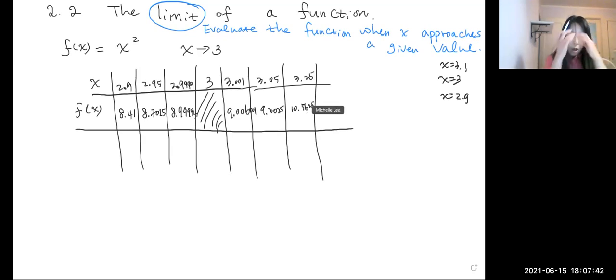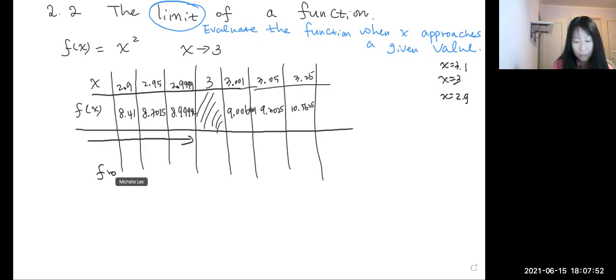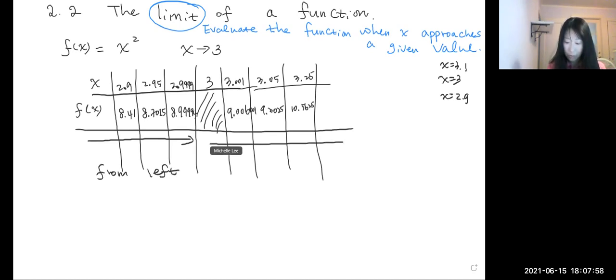Okay, now when x approaches 3, we're going this way. So we said that this is from the left. We're going this way, let me use a different color.